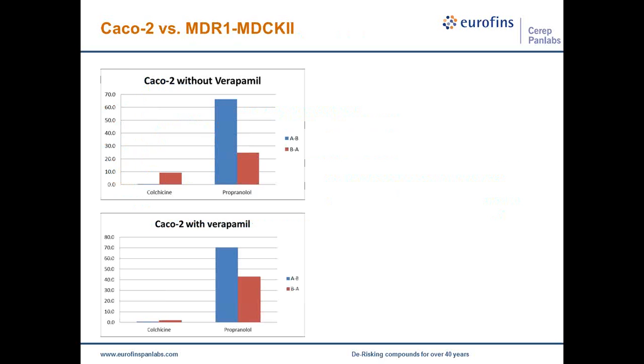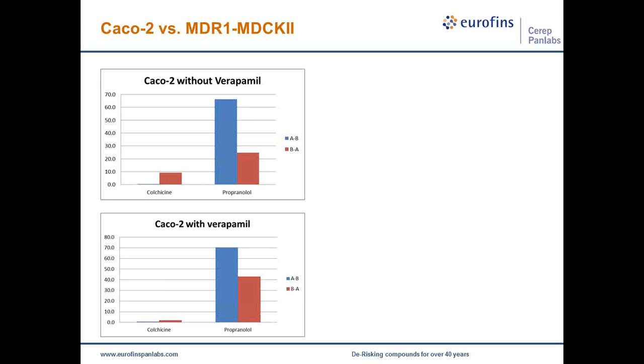So here's our data using the Caco-2 cell line with and without verapamil, and we find the P-gp substrate colchicine shows a significant change with and without verapamil. But propranolol, which is not a P-gp substrate, has no change.